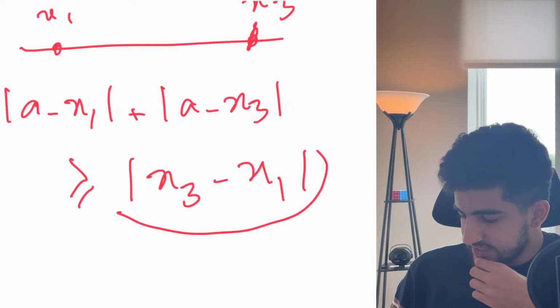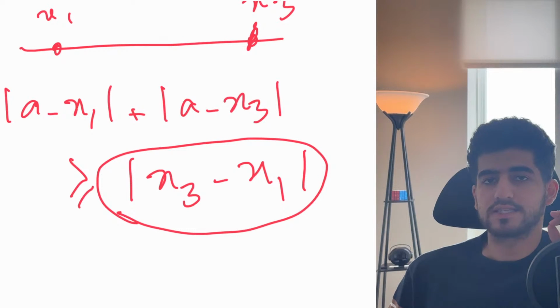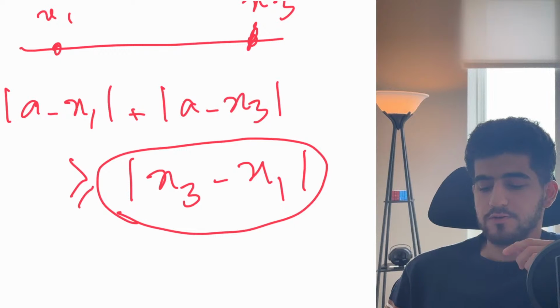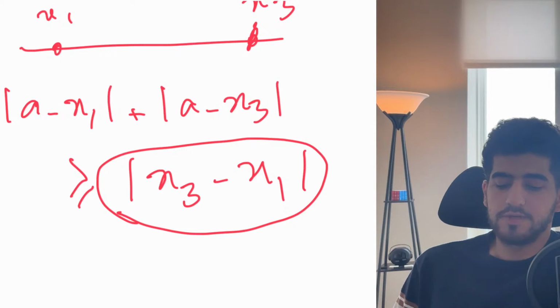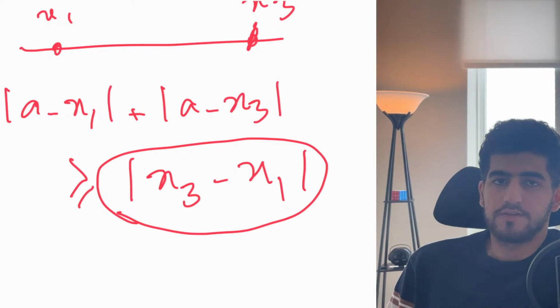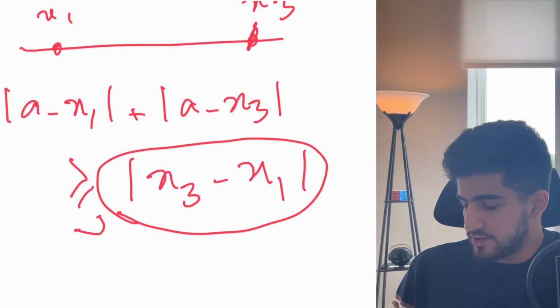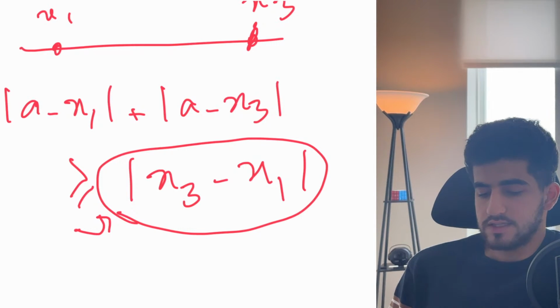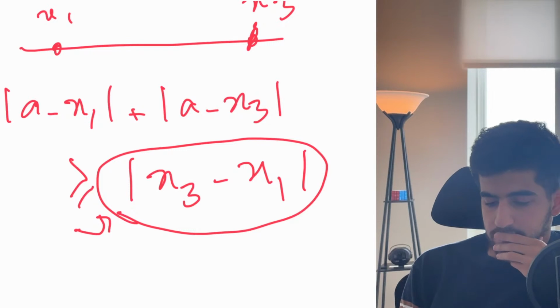So the answer is always at least this much. And if we choose the middle point, that is going to be the answer that we're gonna have. So we showed that it cannot be better than this, and also that this is achievable. So this is gonna be our final answer.